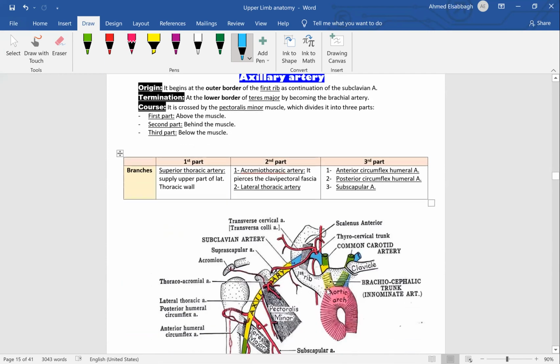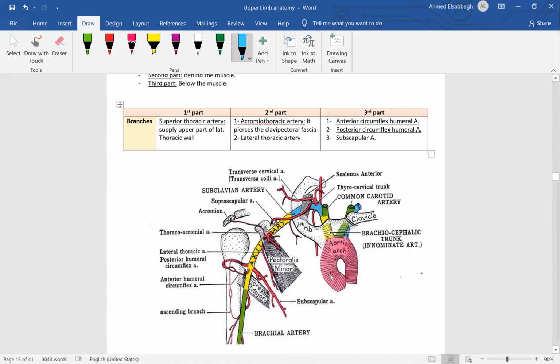Now to the axillary artery. This is the aortic arch. It gives three branches: brachiocephalic, left common carotid, and left subclavian. The brachiocephalic artery will divide into right common carotid and right subclavian. The right subclavian artery, this blue part, will end at the outer border of the first rib to be continued as the axillary artery.